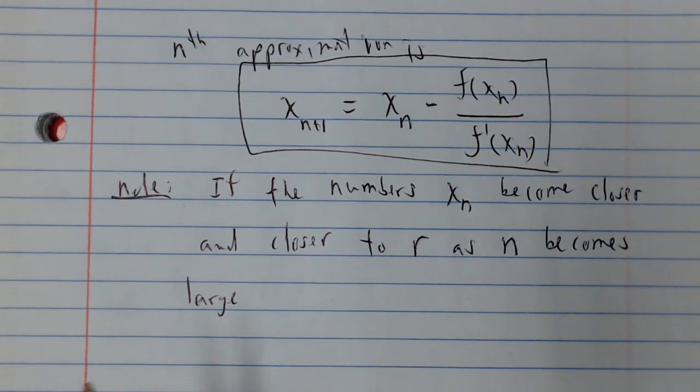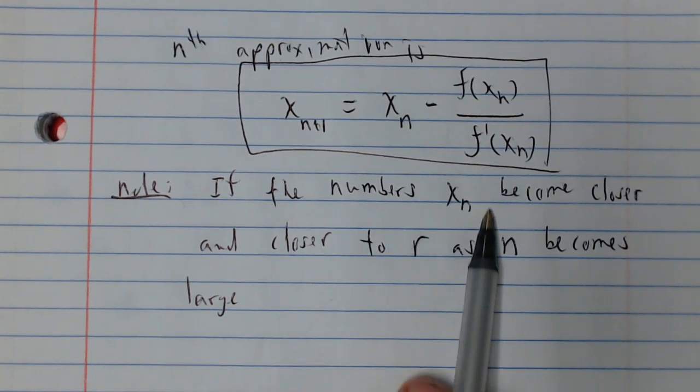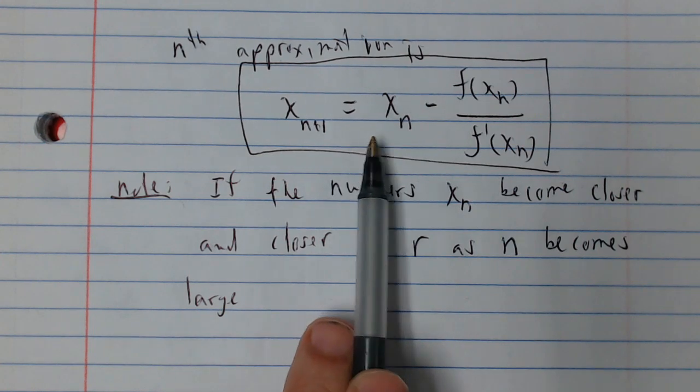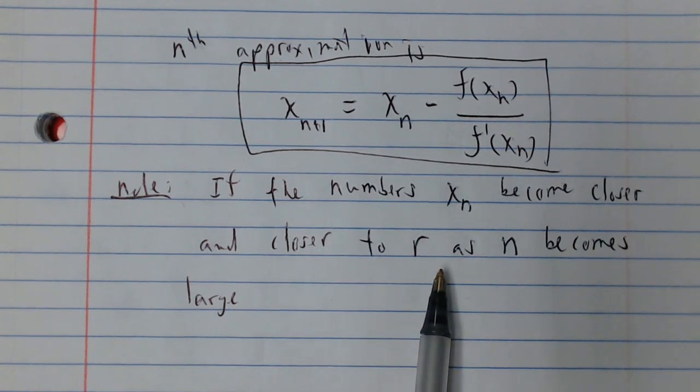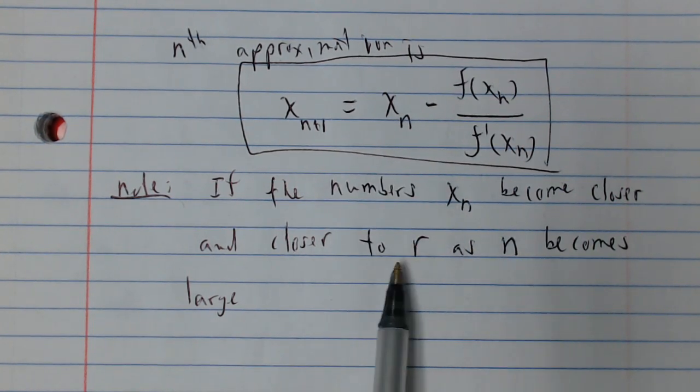Okay, so what am I saying? As my iterations, or when I keep going through this process over and over and over, you get closer and closer to r, which is our root, as n becomes large. And so what's n?